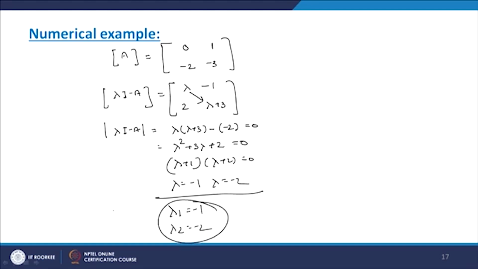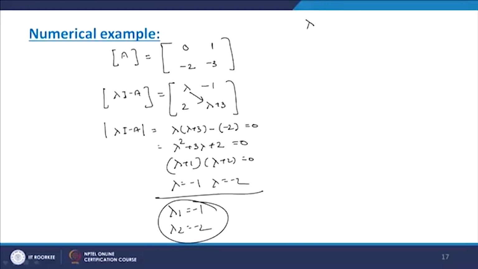Now our main purpose is to determine the eigenvectors. How do you determine the eigenvector? First of all we determine the eigenvector for lambda 1 equal to minus 1. Which equation is available to us? We have the same equation, lambda 1 I minus A into x equal to 0. Earlier we had taken lambda, but now we have got two eigenvalues, lambda 1 and lambda 2, therefore I have changed lambda to lambda 1.